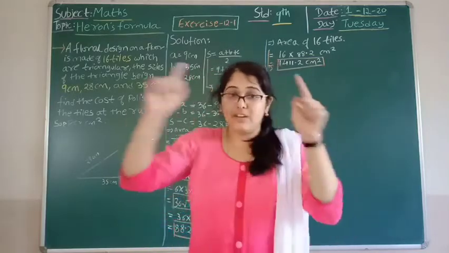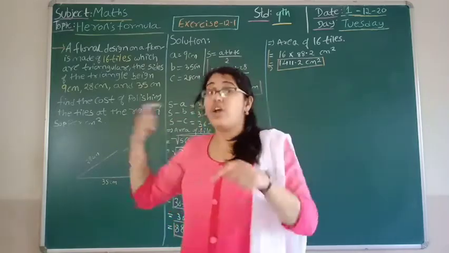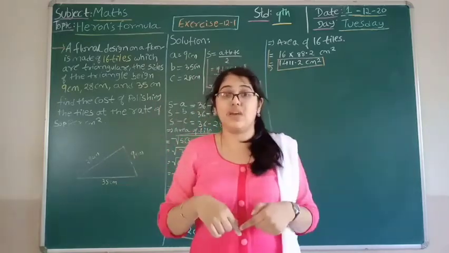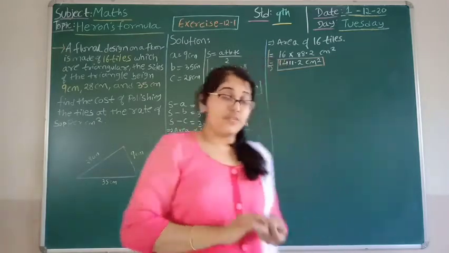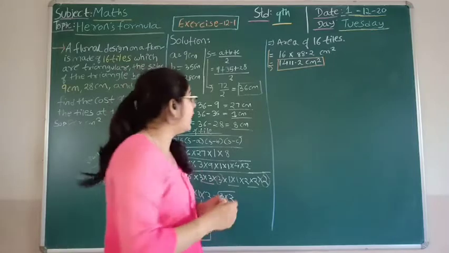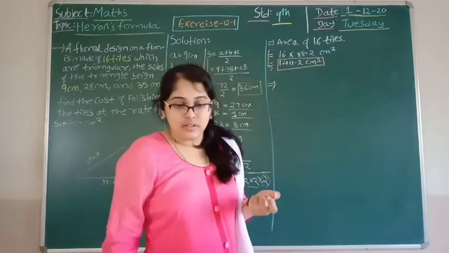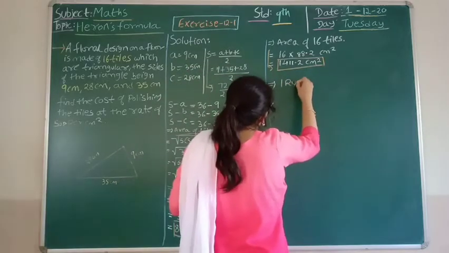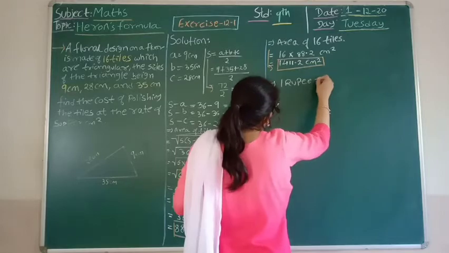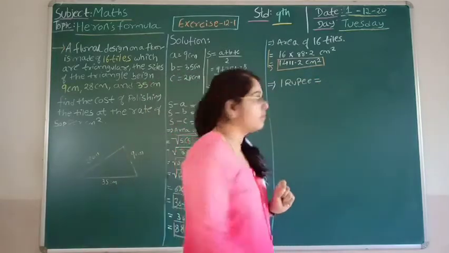The cost of polishing the tiles, that is per centimeter square, is 50 paise. So first, finding the cost, we know that 1 rupee is equal to 100 paise.